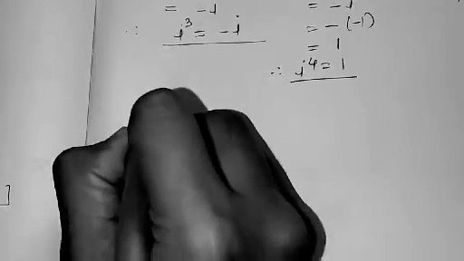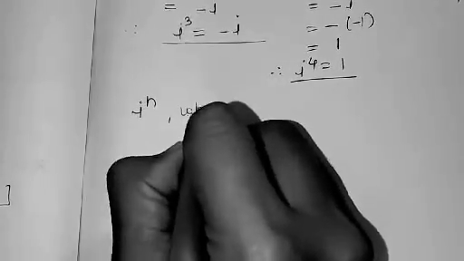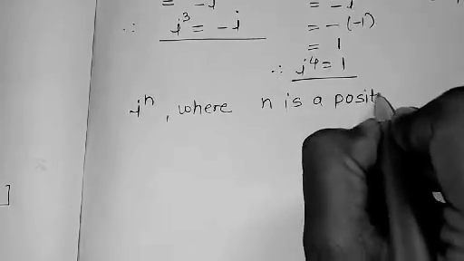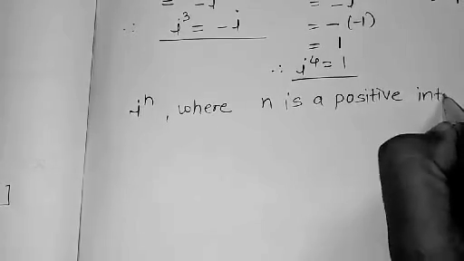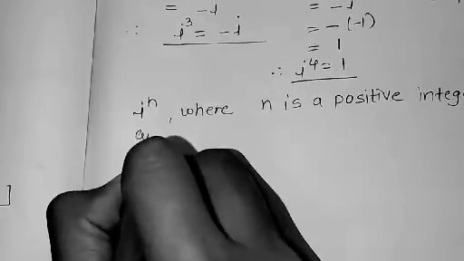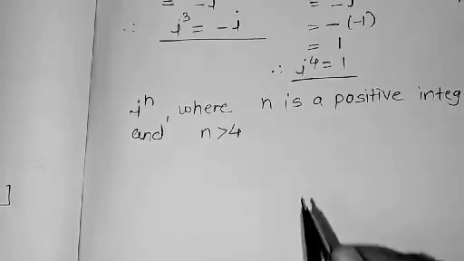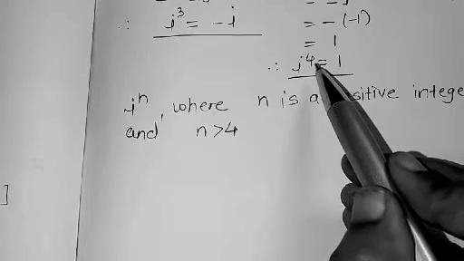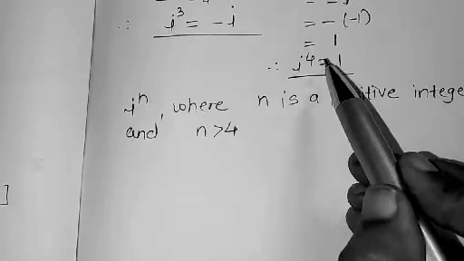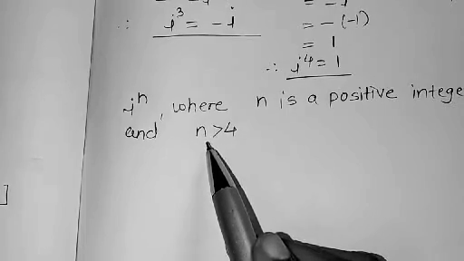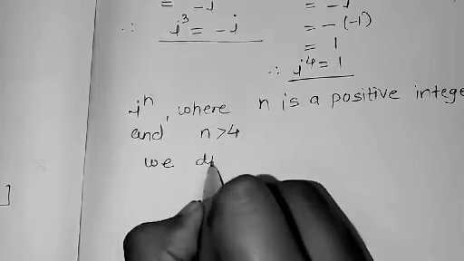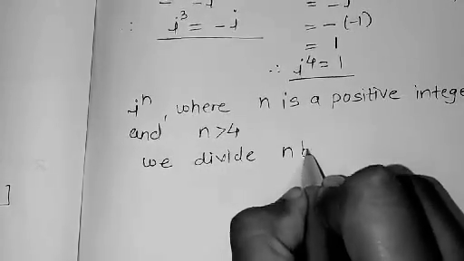Now let us consider iota raised to n, where n is a positive integer and n is greater than 4. Here we see the powers of iota, but if n is greater than 4, then we divide n by 4.